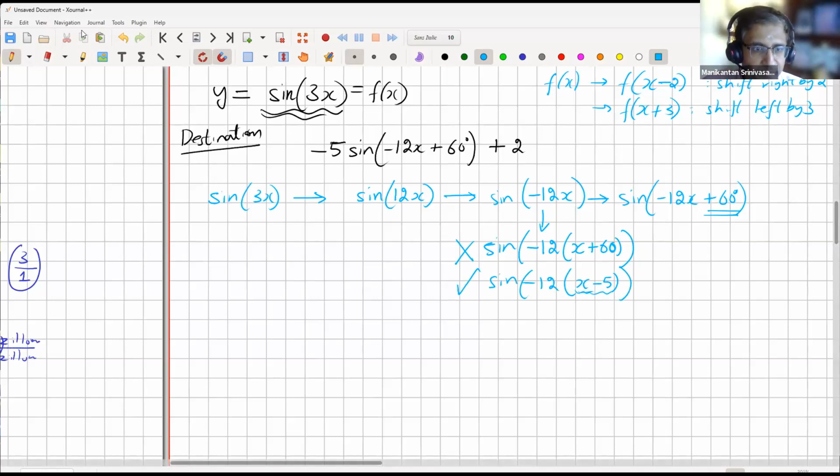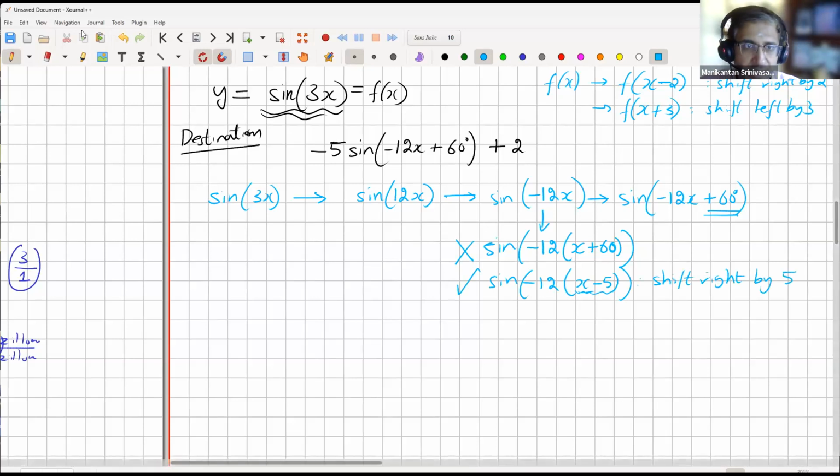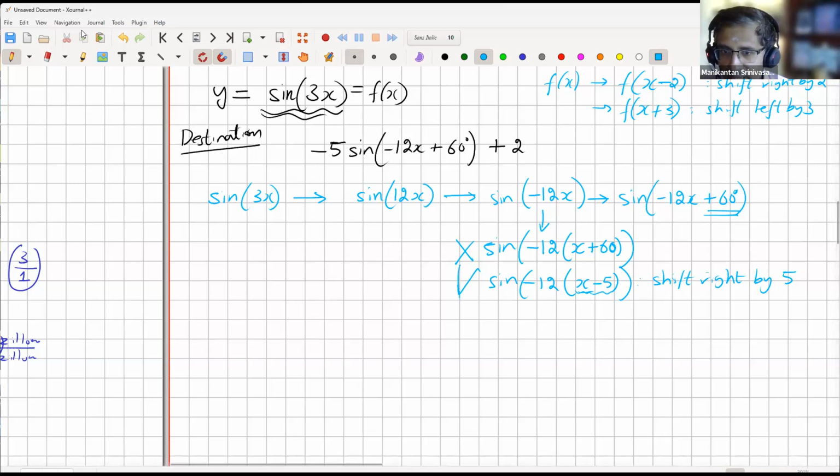Are you guys with me? Therefore it's shift right by 5. Not shift left by 60, but shift right by 5. Is this clear? Is everyone with me? This is a very subtle point, all of you. So this is wrong, this is right.